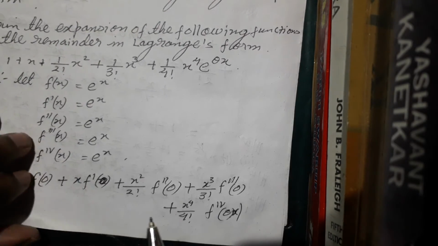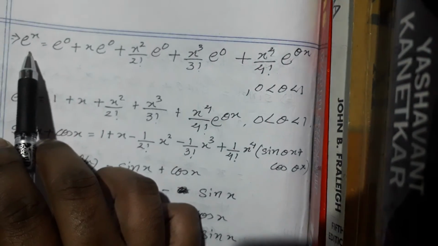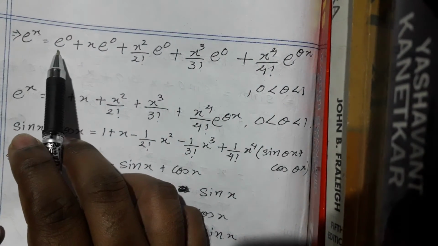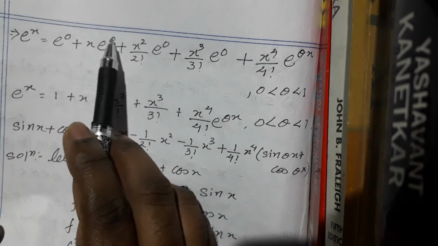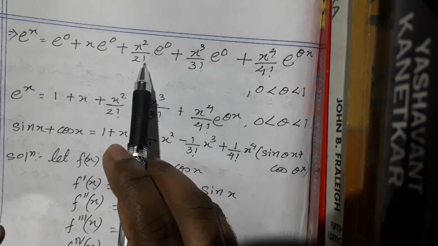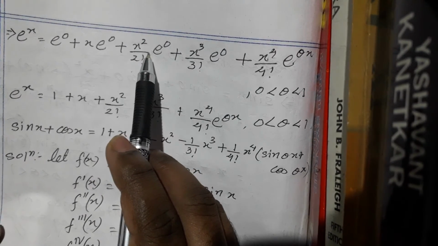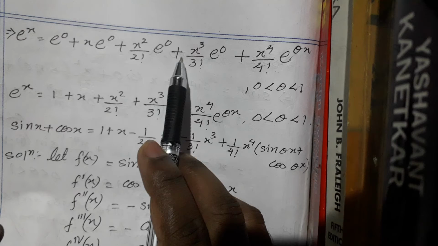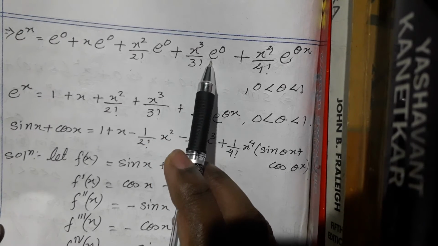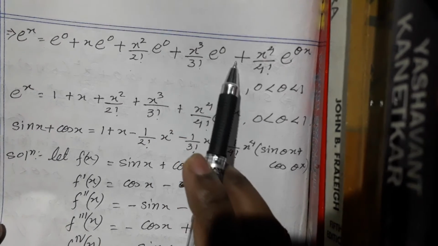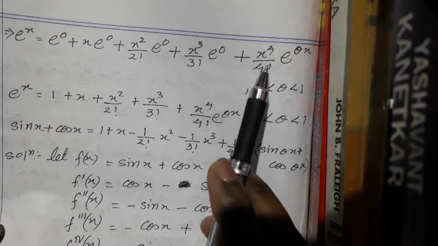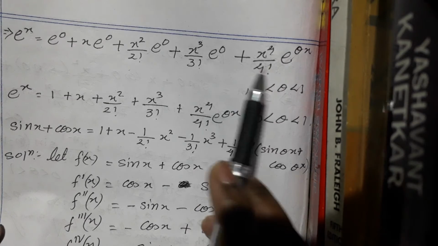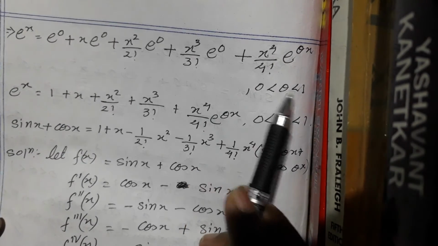So we substitute the value here. If you substitute here, we get f(x) is nothing but e^x. So we write e^x equal to e to the power 0 plus x into f dash 0, so e to the power 0 only, plus x squared by 2 factorial f double dash 0, so e to the power 0, plus x cubed by 3 factorial f triple dash 0, that is nothing but e to the power 0, plus x^4 by 4 factorial f4 of theta x, which is nothing but e^(theta x), where 0 is less than theta is less than 1.